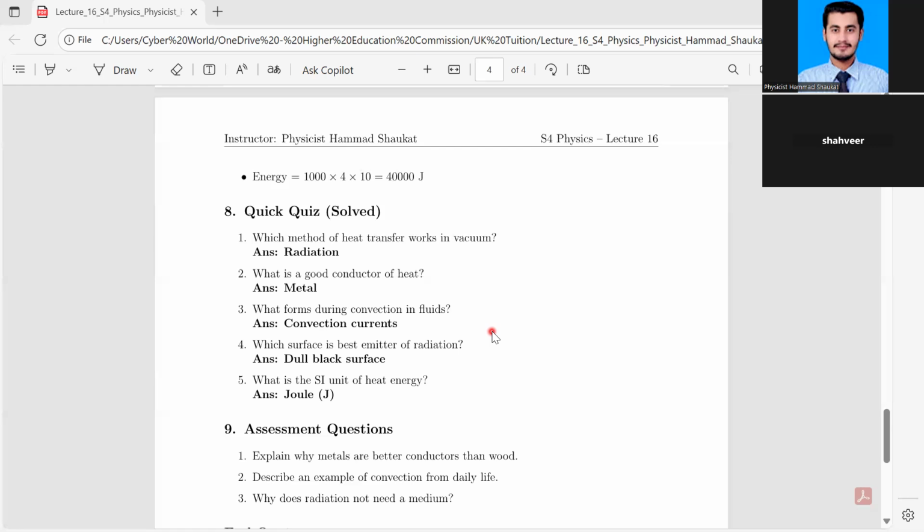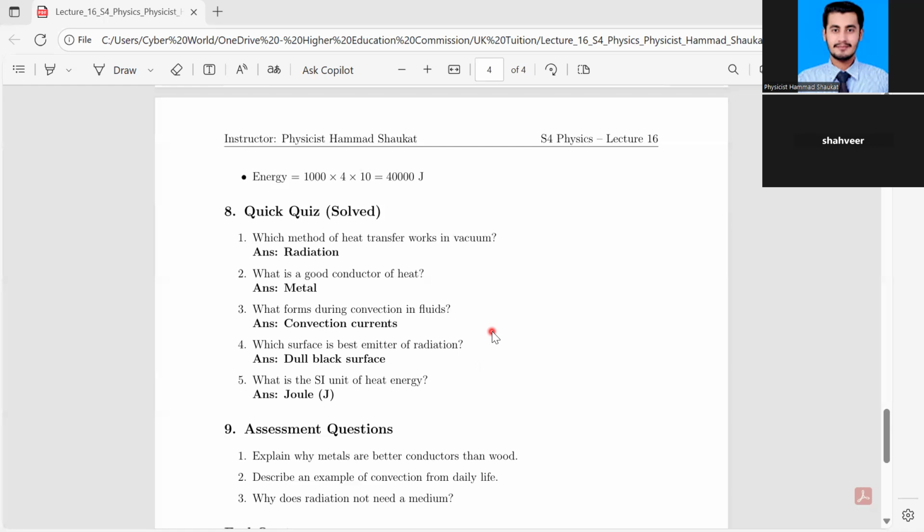Okay, so can you tell me which surface is a better emitter of radiation, either a black color or a white color? Black. Black color emits more radiation, and white color reflects more radiation.